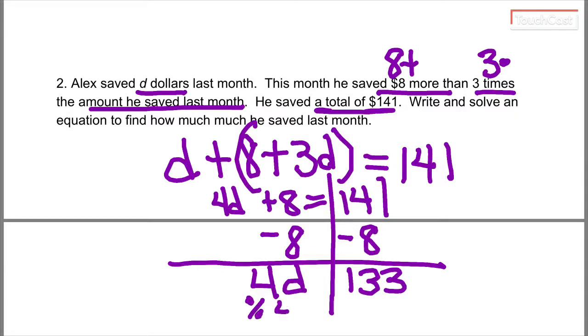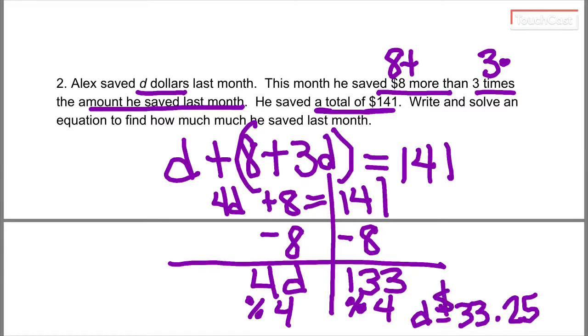Divide by 4 on both sides. 133 divided by 4 is equal to 33. D equals 33.25. That's the amount he saved last month. Okay, good job.